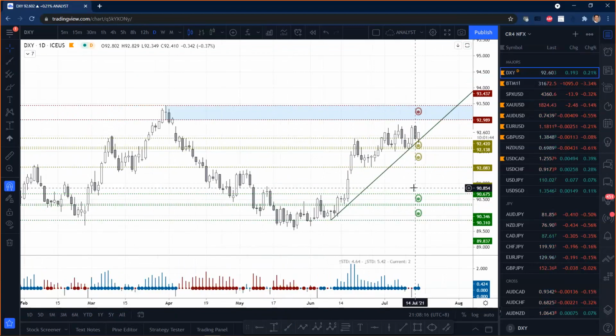There's been a lot of talk around inflation and interest rates affecting the market's view of the future, and therefore it has had an impact on the dollar.